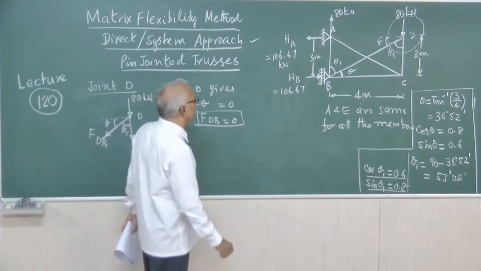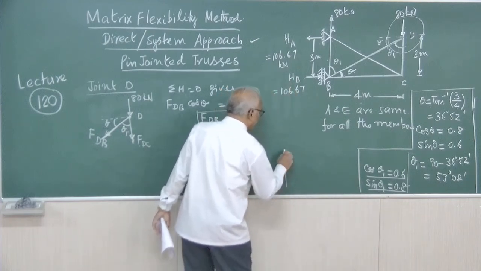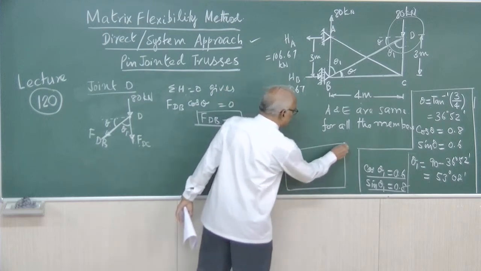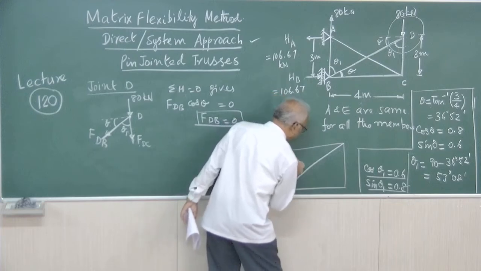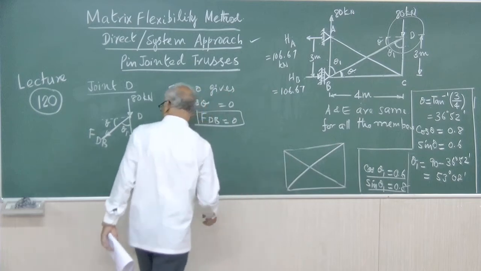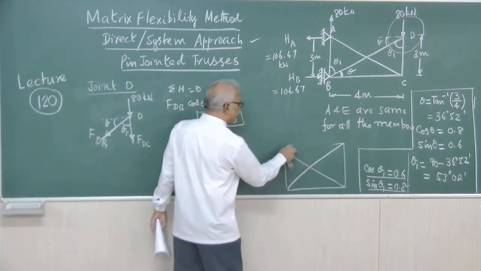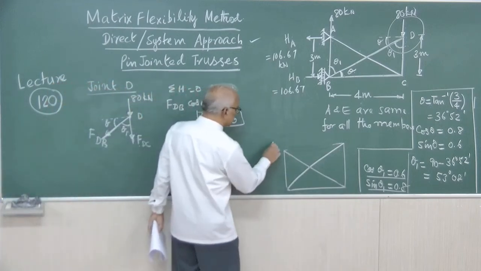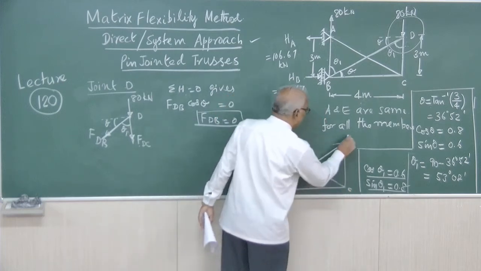So, this is a dummy member. So, we will have a separate diagram. So, this will help us a lot in the final tabulation. Of course, we have removed this member. Forget about this member now. Right. Now, this we have got it. This is A, B, C and D.